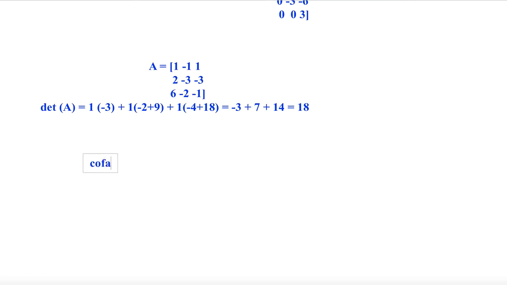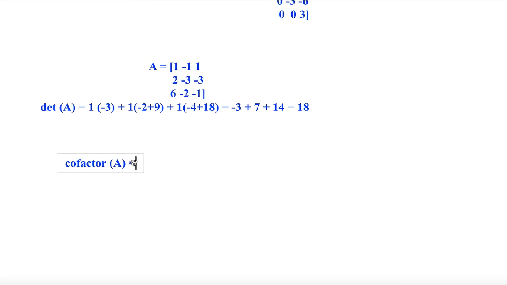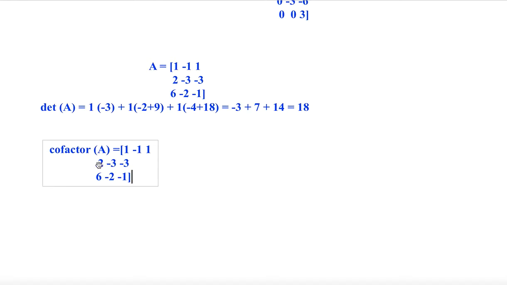So that we'll do cofactor of A, cofactor matrix of A. That is what I meant by cofactor of A. Okay, anyway, I'm going to do it this way. We somehow adjusted that. Fine.